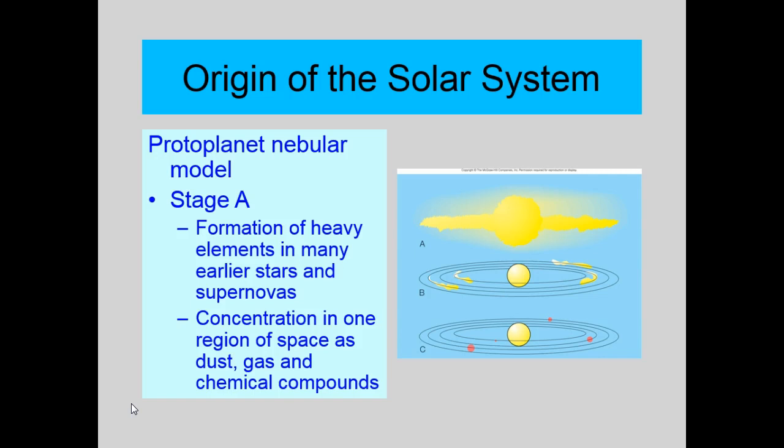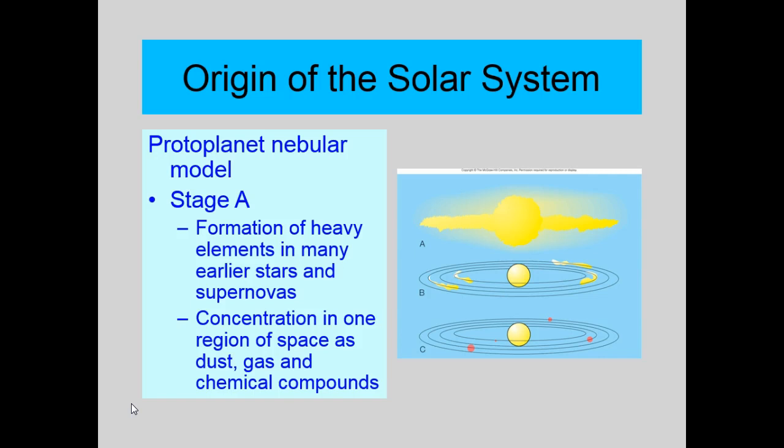So now maybe the star is already formed. Maybe it's through the protostar phase. Maybe it's actually reached its final form, but it's still incredibly hot. It's thrown stuff out there, it's floating around out there, and it's all pretty much gaseous.